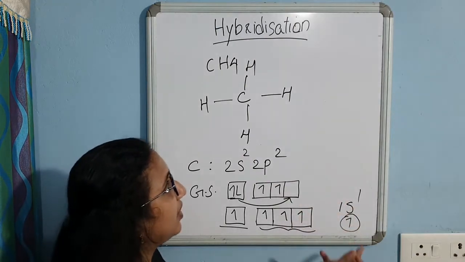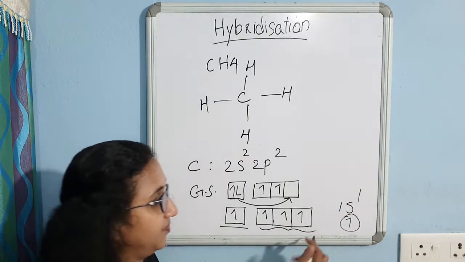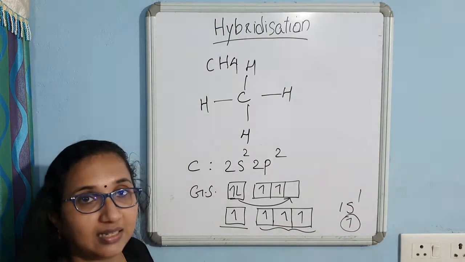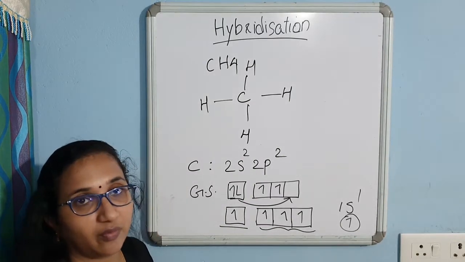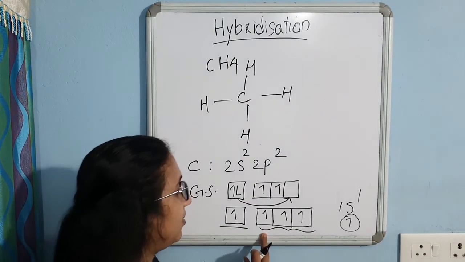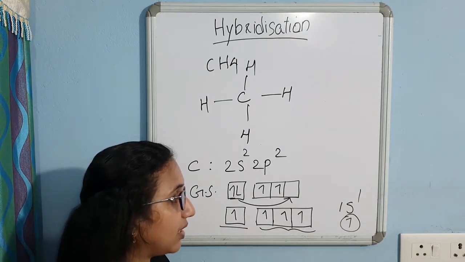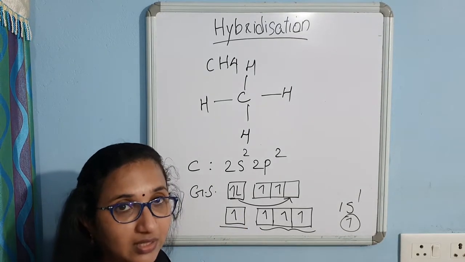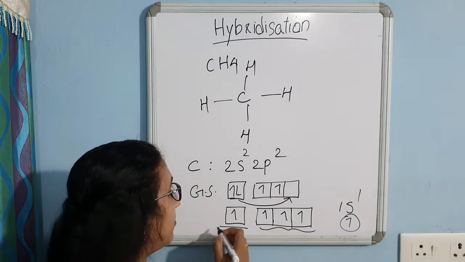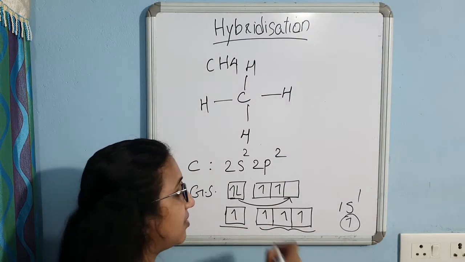So the incoming hydrogen atoms see a difference in the type of atomic orbital, so it cannot combine with the hydrogen atoms as such. So before bonding with the 4 hydrogen atoms, the carbon should undergo a mixing process.